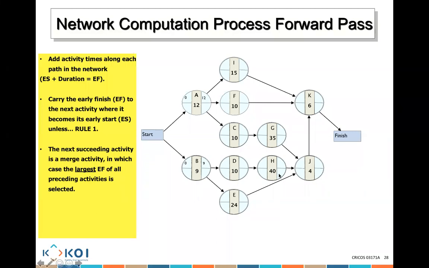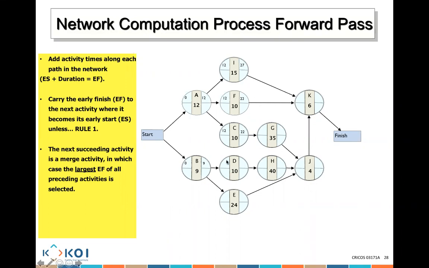So if we put it here, this is 12. 12 plus 15, 27. Correct. What about here? 12 plus 10, what do I get? 22. What about for the third one? 12 plus 10, 22. So that's basically the start.